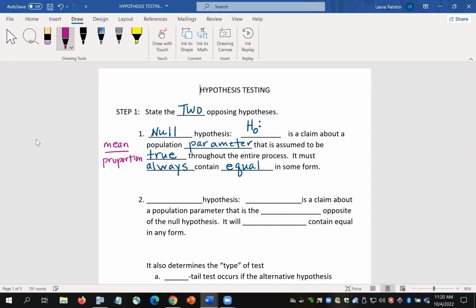We don't discuss them in this course, but there are hypothesis tests that can be conducted on things like standard deviation or variance.